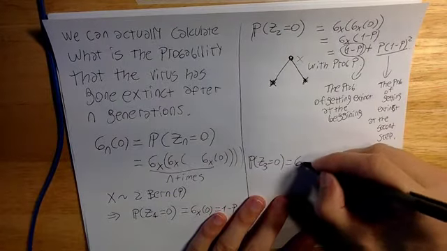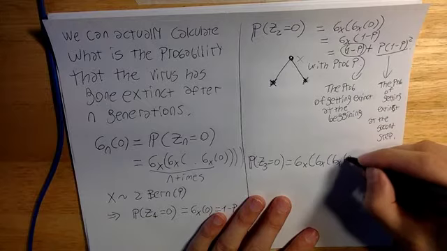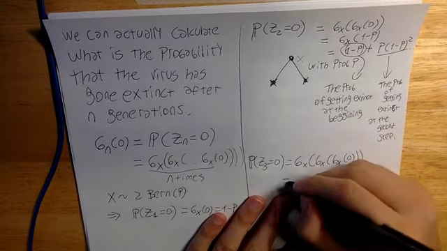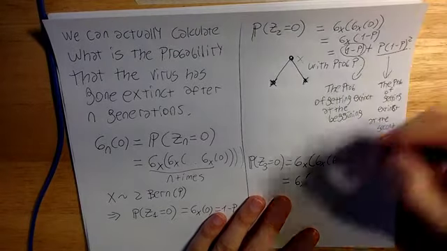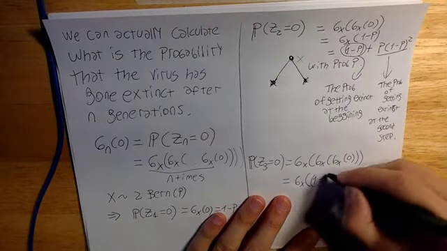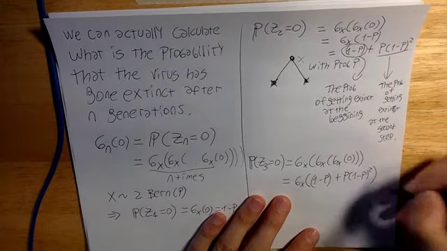This is going to be Gx of Gx of Gx of 0, which is just Gx of this thing here, which is 1 minus p, plus p times 1 minus p squared.